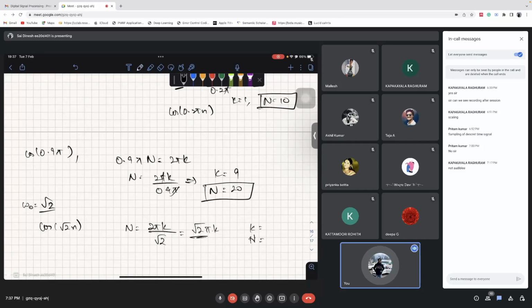What are the values of k and N? I need everyone to be responsive so that it will be more interactive. It'll be interesting for you too. Anyone?